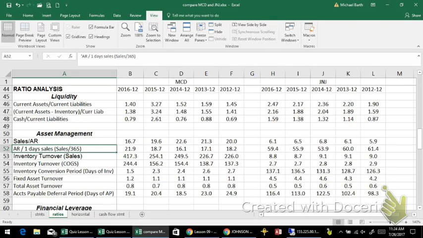So this says that about 21 days elapse on average between when somebody buys something and when somebody pays for it. And you see that it's roughly 2 to 3 weeks for McDonald's, and for JNJ it's 60 days.